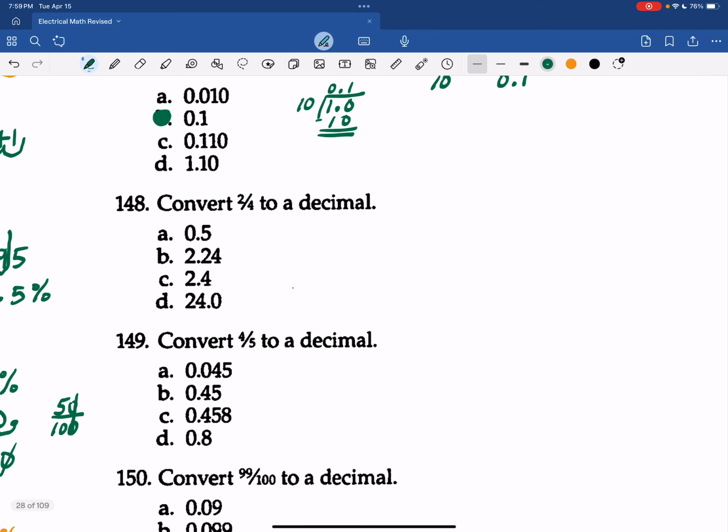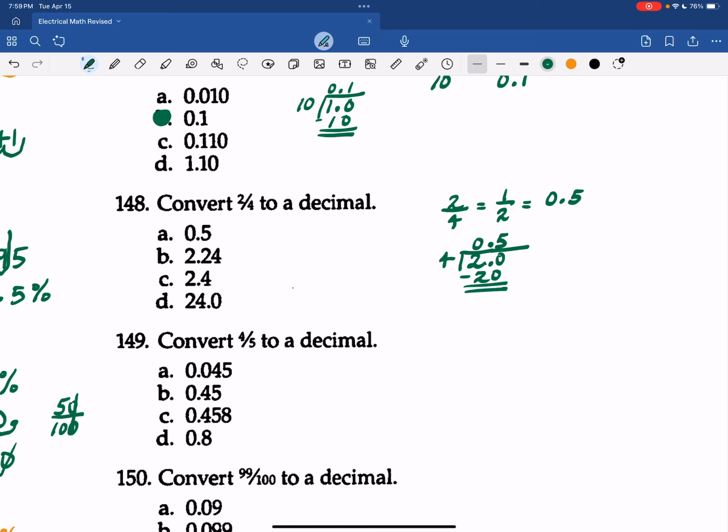Convert 2/4 to a decimal. Well, I know that 2/4 is the same as 1/2, and I know that 1/2 is 0.5. I could also do 2 divided by 4 to get 0.5.